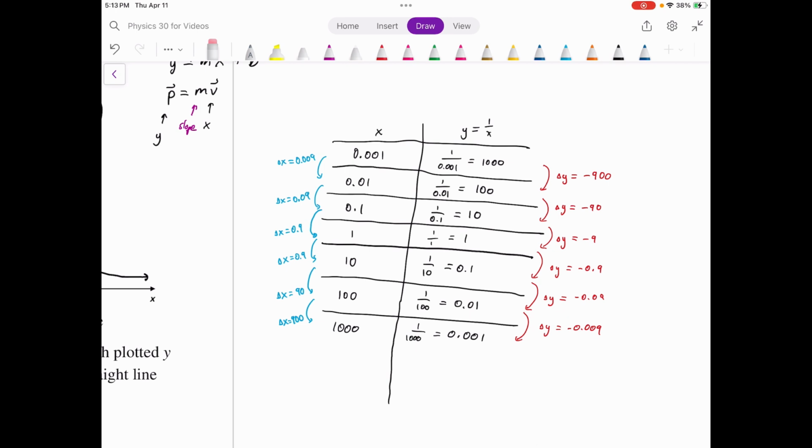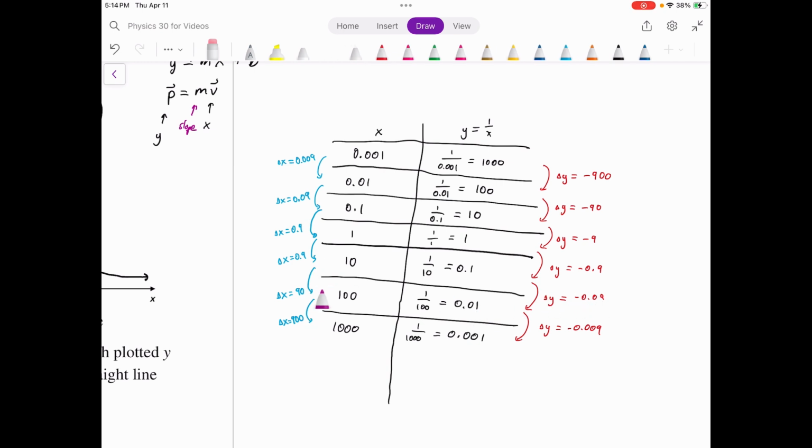And then reverse that. When x is very large, y is inversely related to it. So when x goes from being 10 to 100, for example, y is going from being 1/10 to 1/100th. So pretty big change in x, changed by 90, but y only changed from 0.1 to 0.01, a change of 0.09.